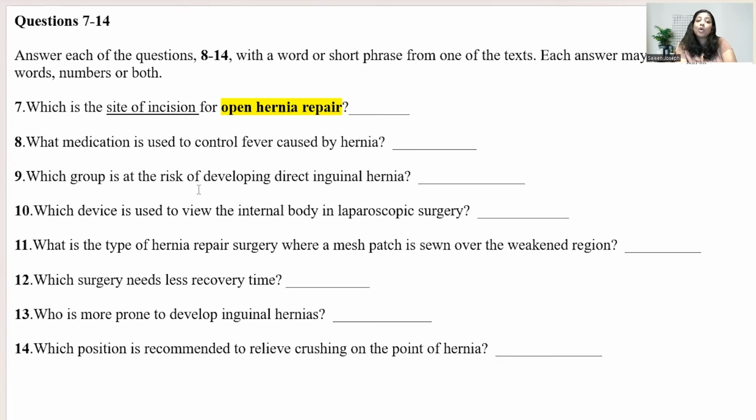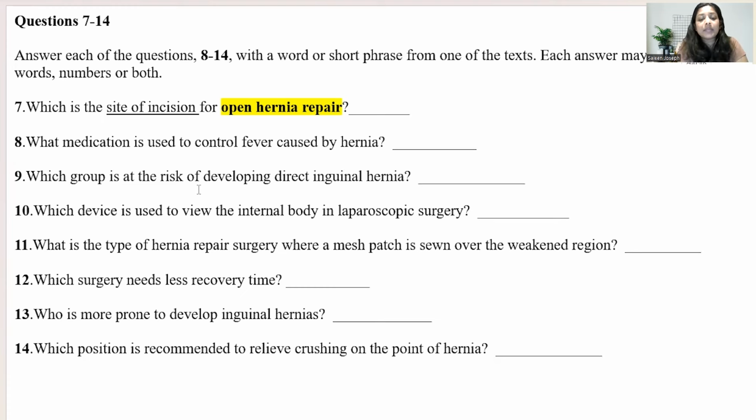Done, ma'am. Fourteenth one. Which position is recommended to relieve crushing on the point of hernia?